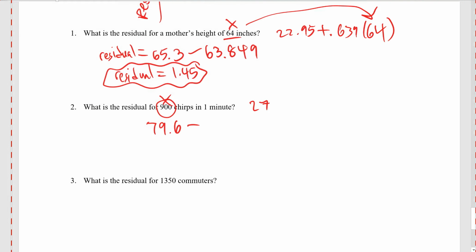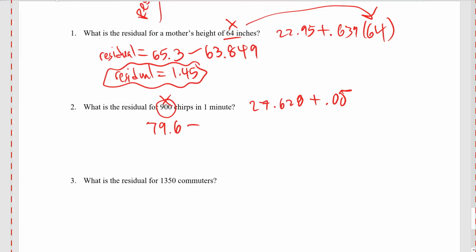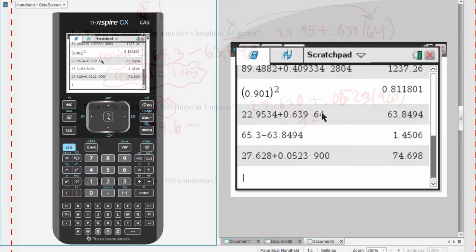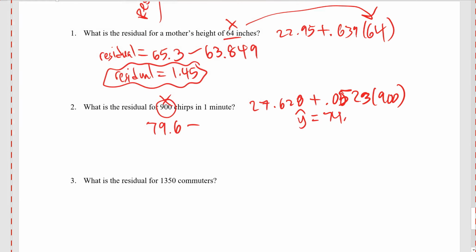So 27.628 plus 0.0523 times the 900. That gives me a y hat of 74.698. So what is 79.6 minus 74.698?